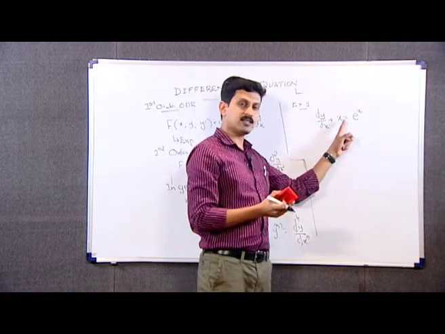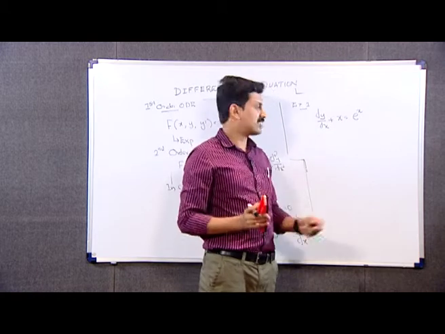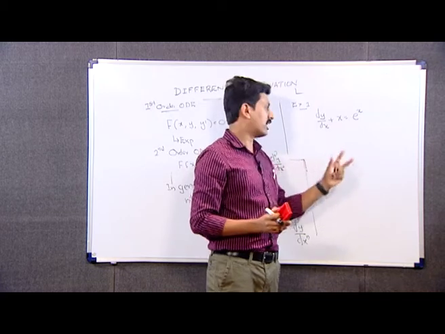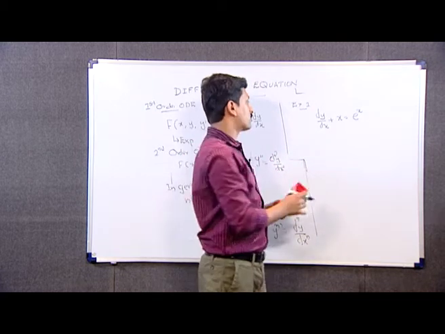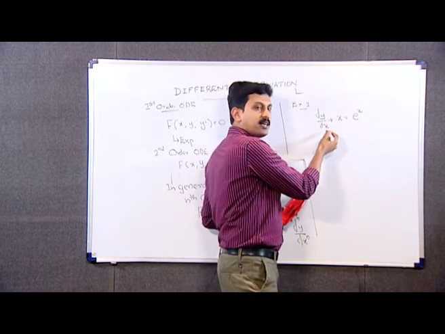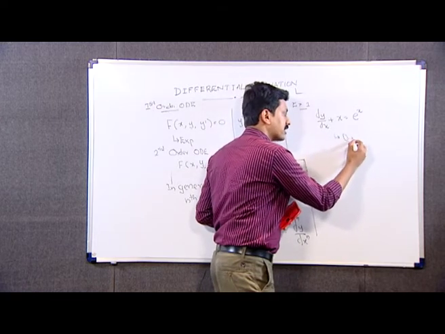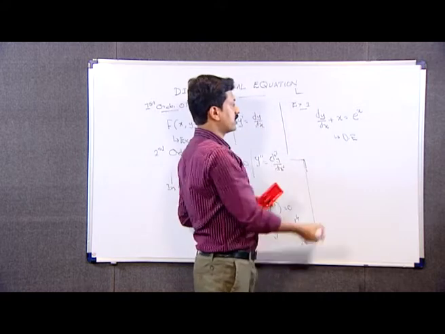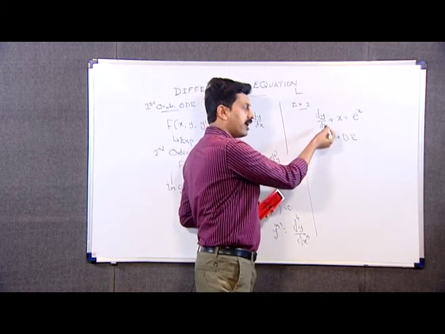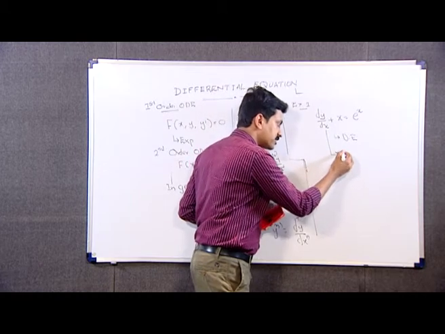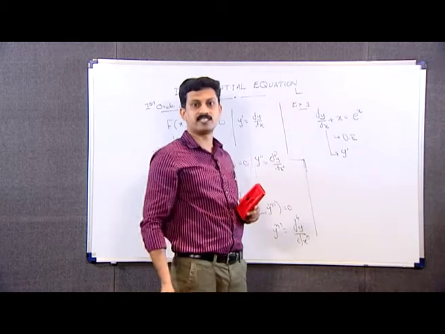It is an equation, and an equation is nothing but a mathematical expression which contains an equal to sign. It also involves the derivative, and therefore this is a differential equation. It contains dy by dx. What does this dy by dx stand for? y dash.